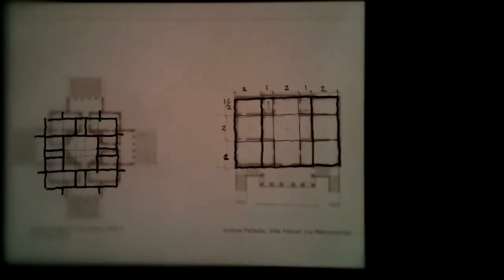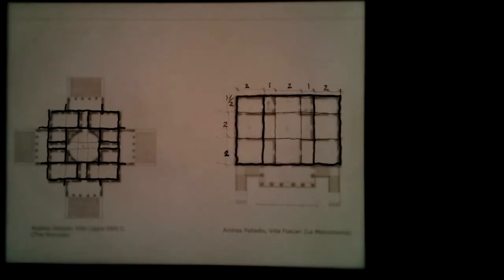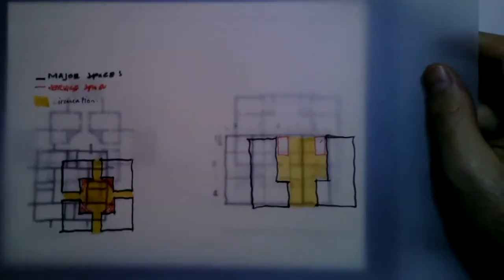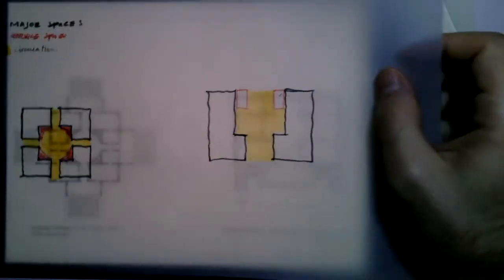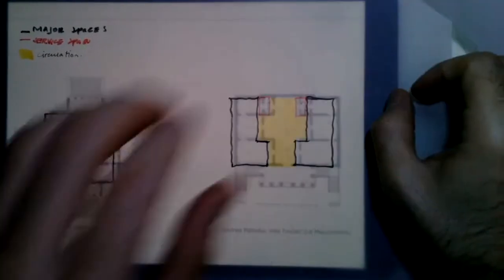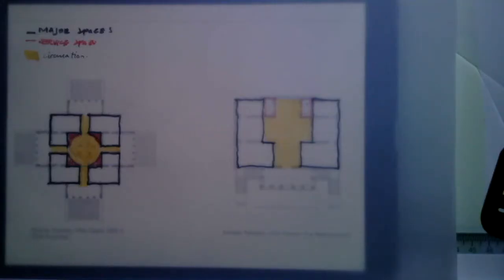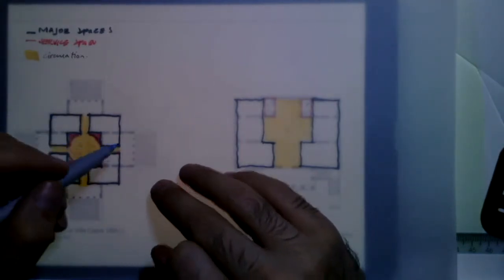For instance, I would like to use this one to look at circulation and the movement, and I would use this one to show the threshold. So again, I'm going to put another tracing paper. The difference between the threshold and entrances.